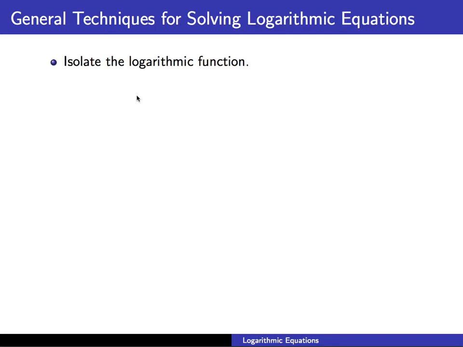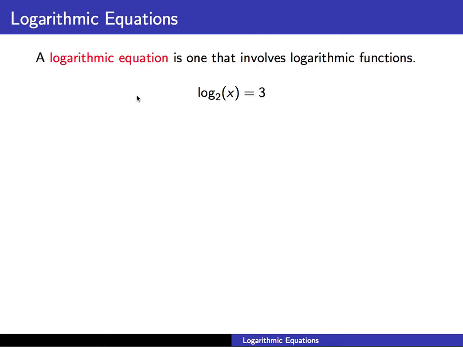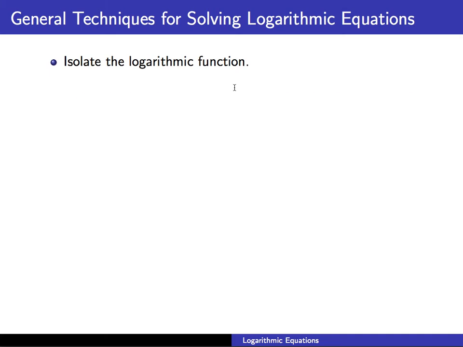Now, in general, we want to try to isolate the logarithmic function. In our example here, we already have log base 2 of x all by itself. There's nothing that we're adding, subtracting, multiplying, or dividing outside of this function. So that's always good when that happens.